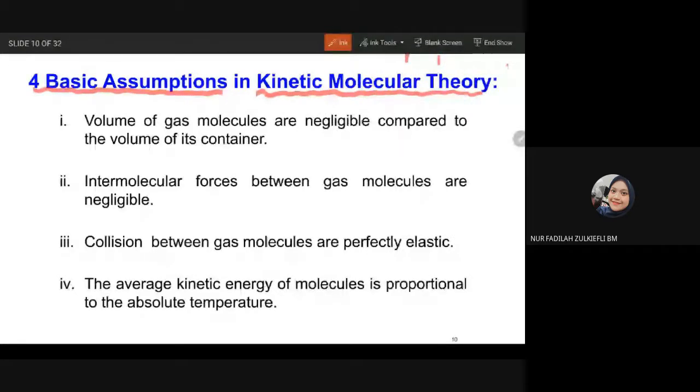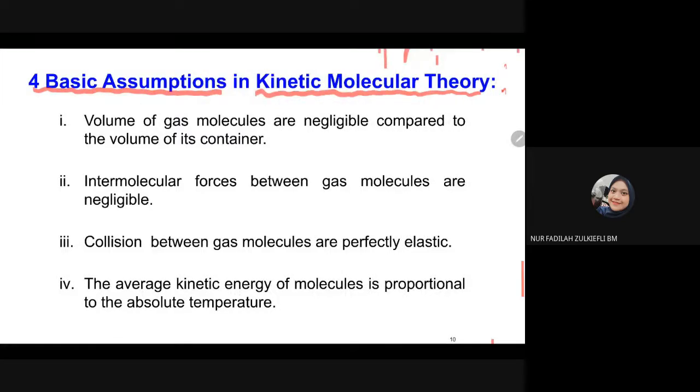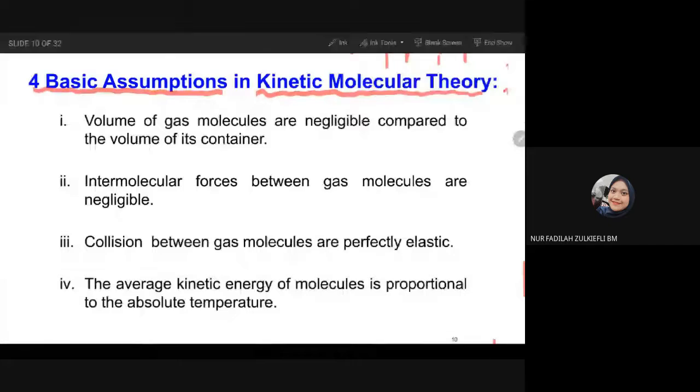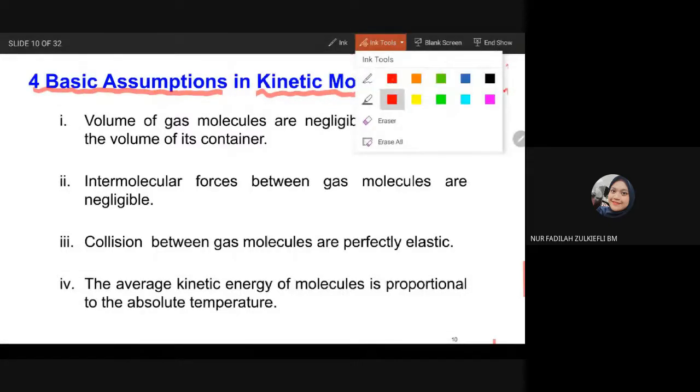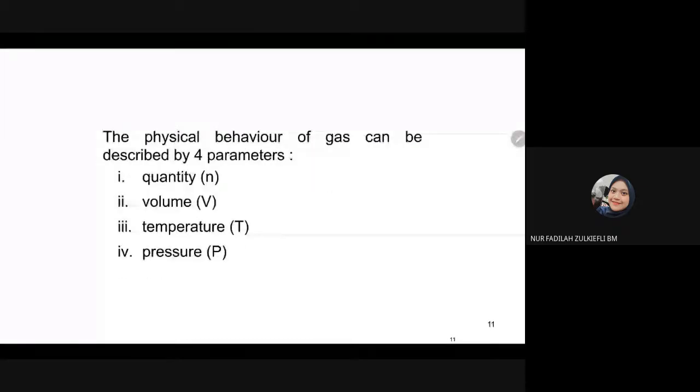Sekejap. Teacher nak tukar kepada ink sebenarnya ni. Kenapa dia macam ni? Kita tengok dulu yang ni.